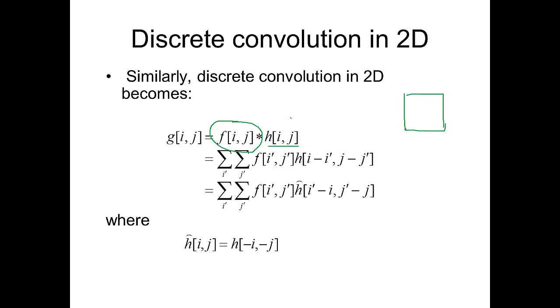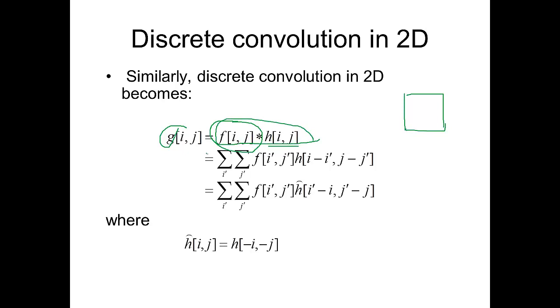If we want to get the convolution of F and H, we name this convolution G. To get Gij, we can do the convolution Fij star Hij.